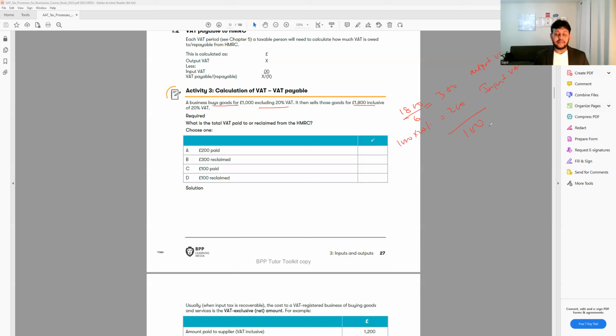I have collected more VAT from my customer because VAT on sales means output VAT. So I have collected 100 more from the customer. This 100 I have to pay to HMRC. I'm not going to claim back. So £100 will be paid.